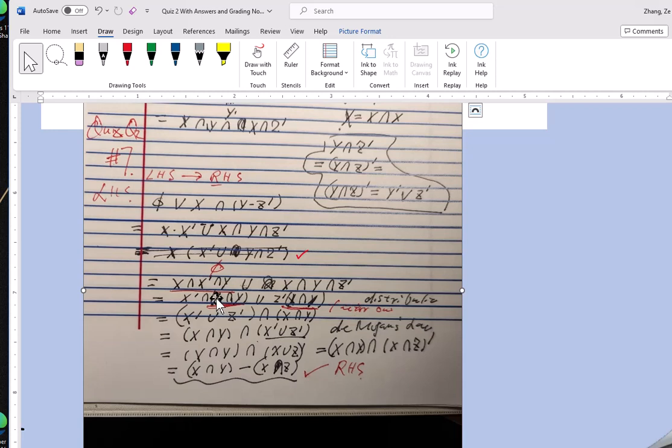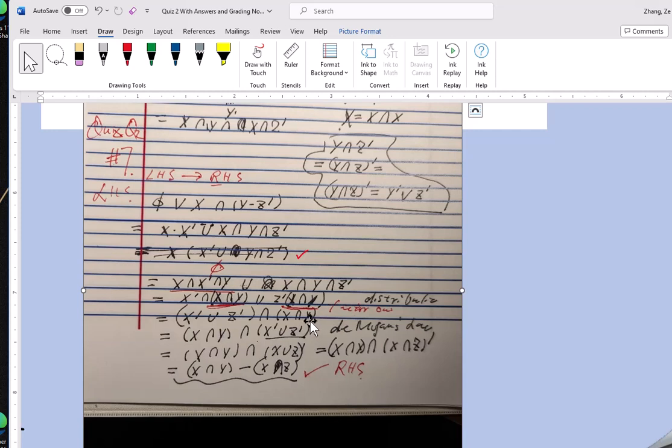Using the distribution rule, I take this out. So you can say x and not z, and then x and y. So then x and z, not x and not z, and not x and y. Work carefully, okay? I double checked, but it's just a little bit messy.